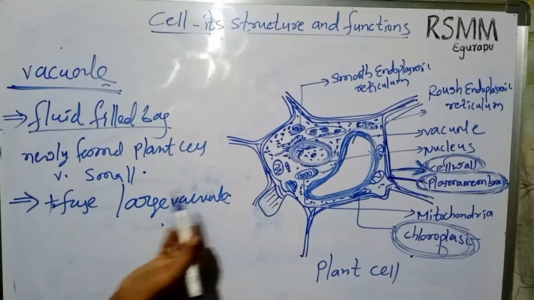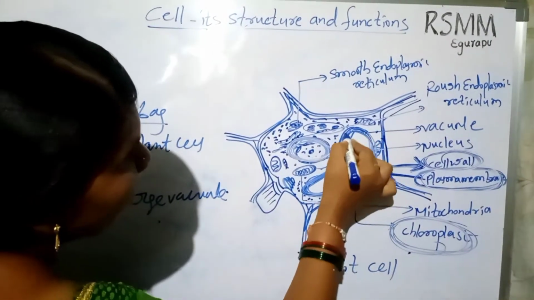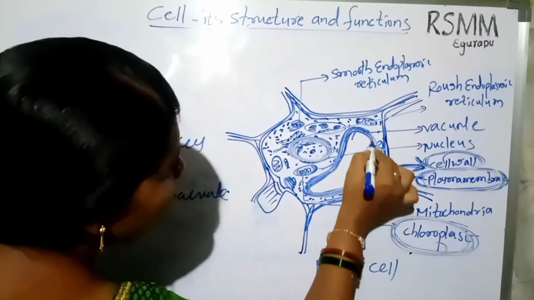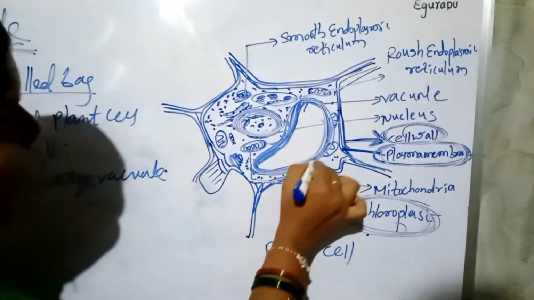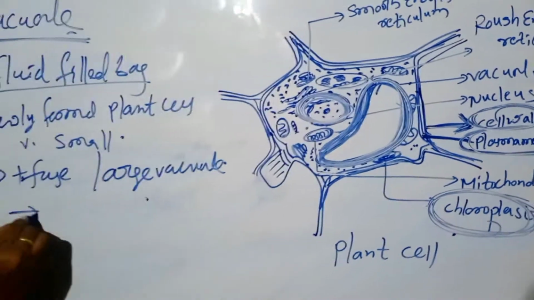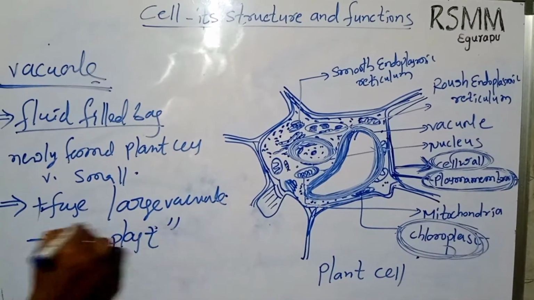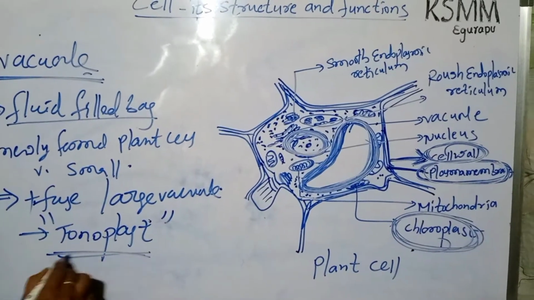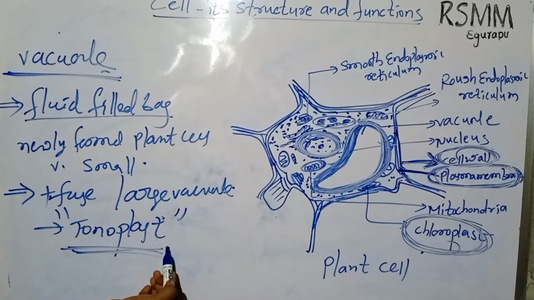The membrane surrounding the vacuole is called tonoplast. The membrane is present around the vacuole, no? So the membrane which is surrounding the vacuole is called tonoplast, and it allows only certain substances to pass through.